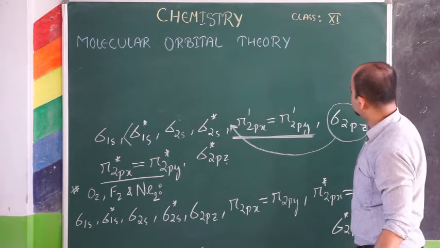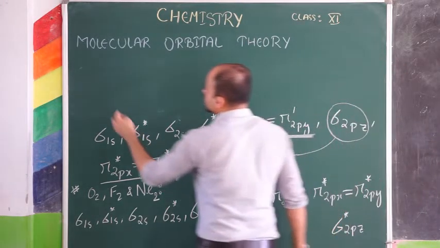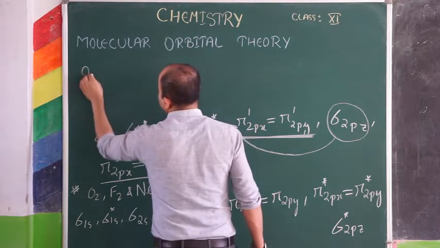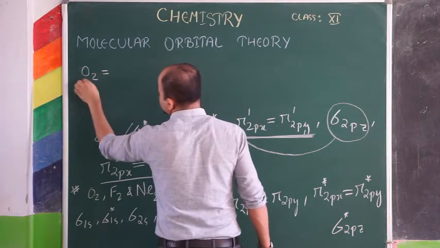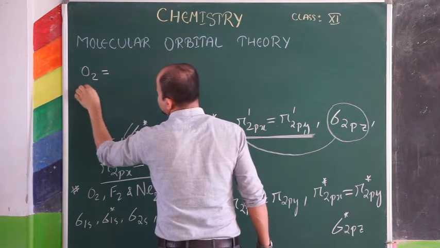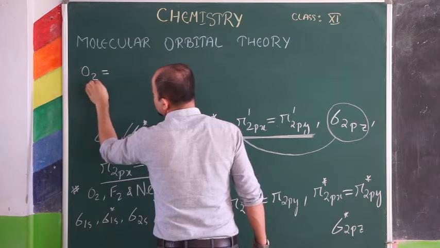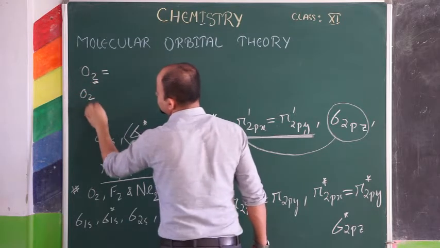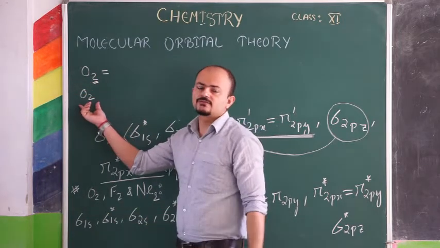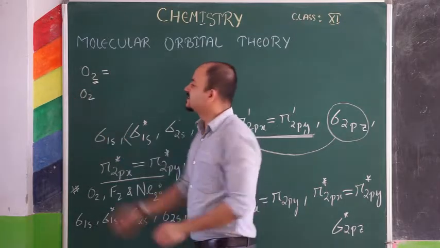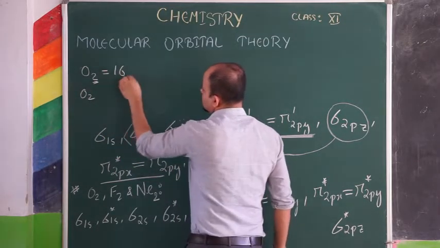Suppose you have an oxygen molecule. Oxygen's atomic number is 8. Since it is O2, in total how many electrons are there? 8 plus 8 is 16 electrons.